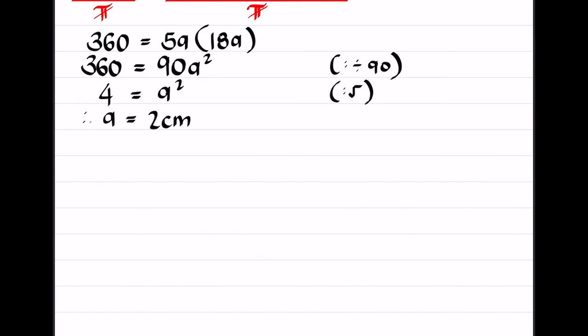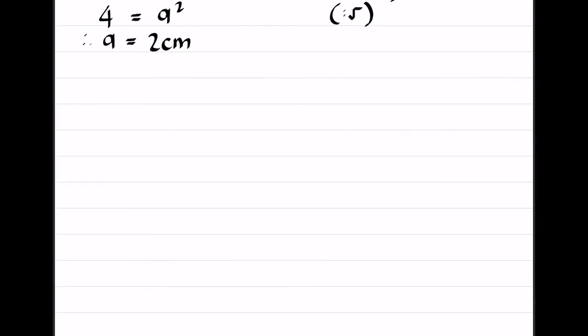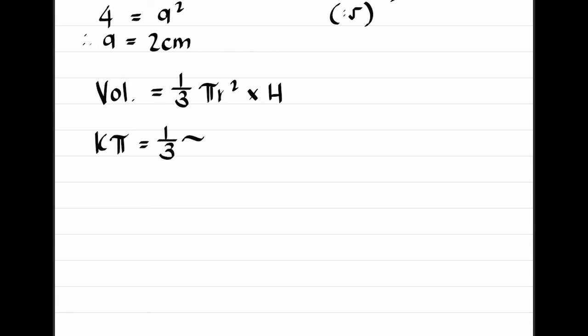Now I've got a to calculate k, because if I look at the formula for the volume, volume is equal to 1/3 pi r squared times h. The volume that they've given us is k pi, equal to 1/3 pi r, where r is the radius, which is 5a, squared, times the height, which is 12a.